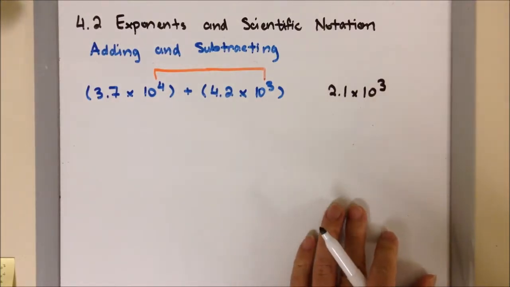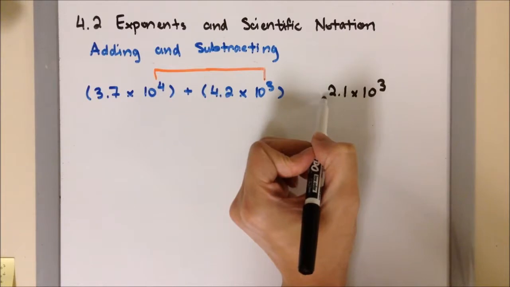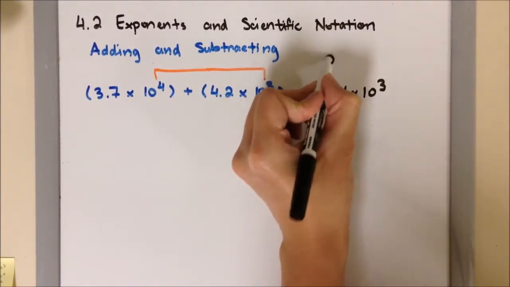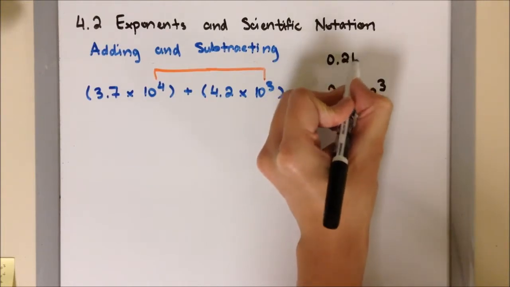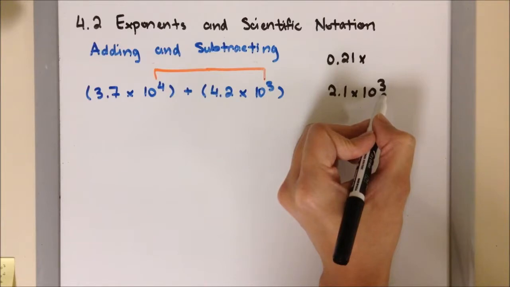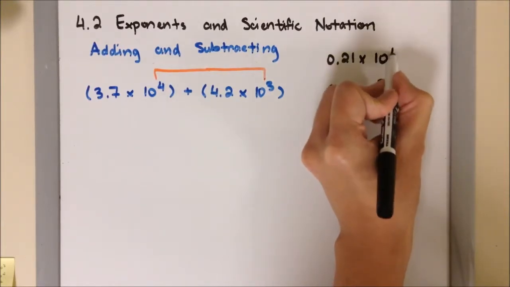Now if I were to move my decimal one place to the left, so it's going to be 0.21. If I do that, I'm actually going to add 1 to the exponent on the 10. So that would be 10 to the 4th.